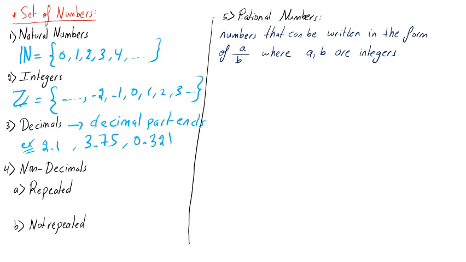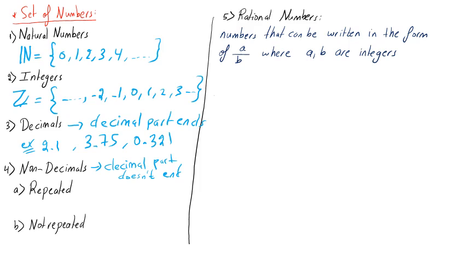These are the decimals. Non-decimals are numbers where the decimal part doesn't end, and we have two cases. It doesn't end, but it is either repeated or not repeated.